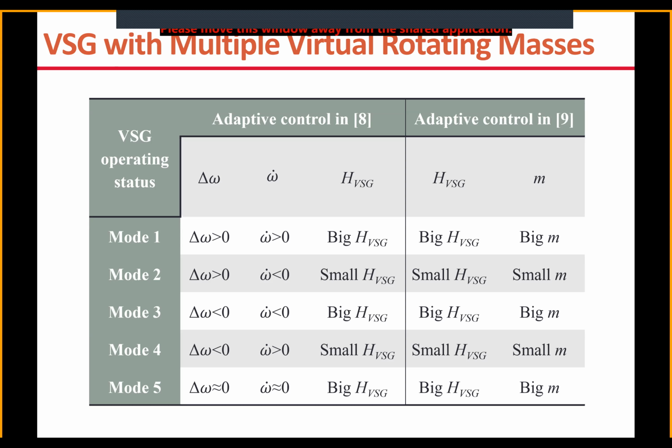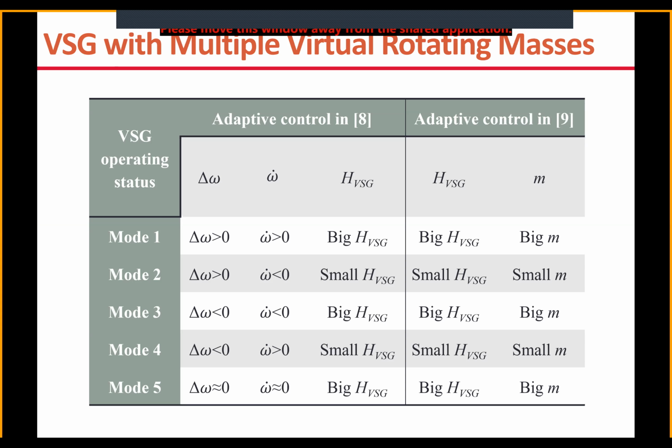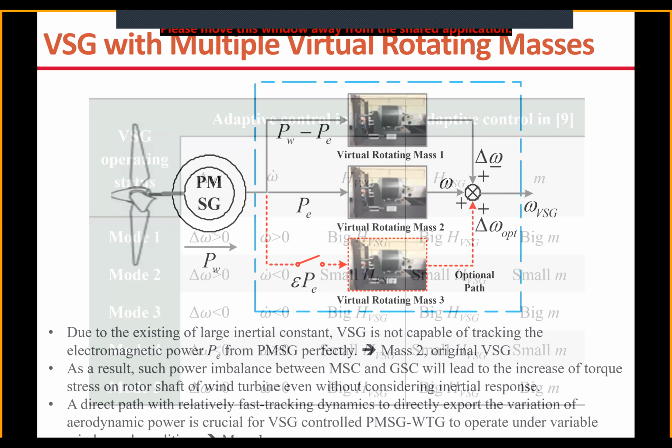These are two different papers. They developed adaptive control for VSG. Adaptive means that your inertial time constant in the VSG controller is not a fixed value, but instead you change it depending on the operating status, depending on the situation. And that will give you better performance. So I will not go into detail. Do you have any questions?